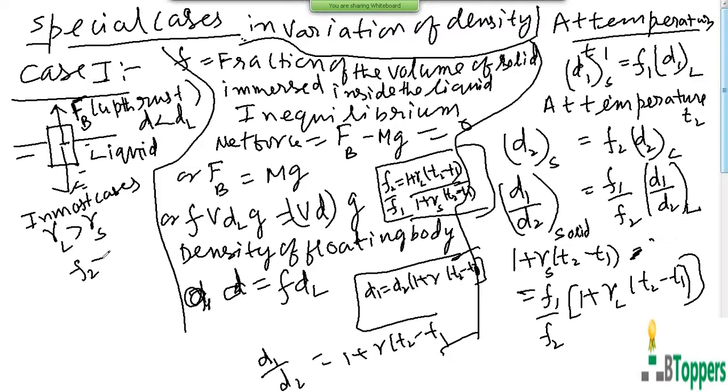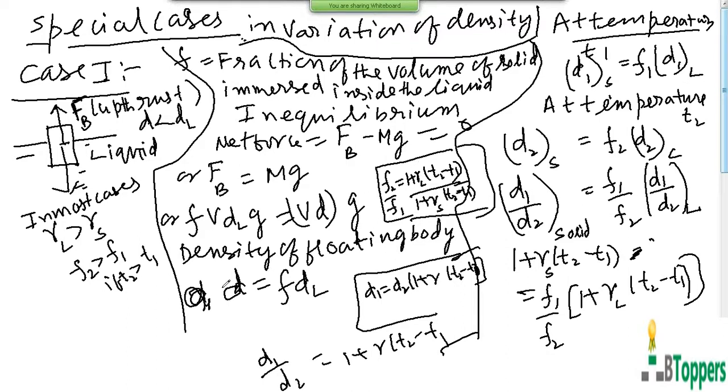Therefore, F2 will be greater than F1 if T2 is greater than T1. That means as the temperature of the liquid is increased, the fraction of the volume of the body immersed inside the liquid also increases. So you can make an approximation also there.